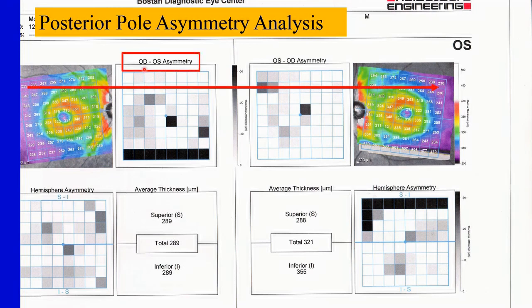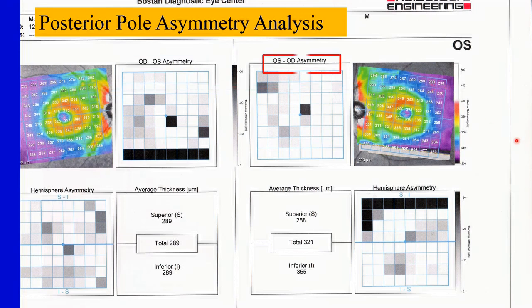Right to left, you're comparing one segment, one square, with the corresponding square. Superior to inferior, comparing up with the lower. Inferior to superior, comparing the lower compared to the up.